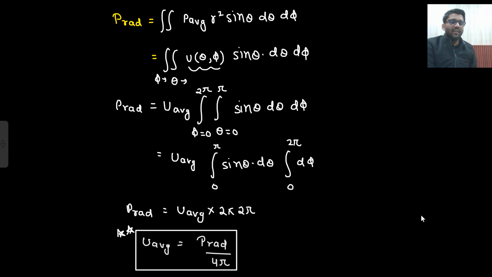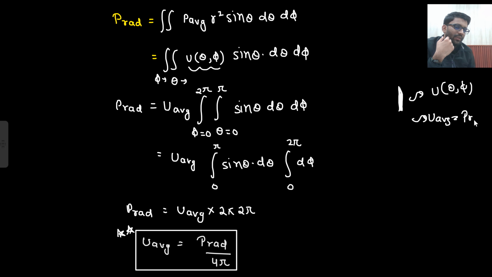Let's say there is a Hertzian dipole antenna, and I tell you the radiation intensity of the Hertzian dipole antenna is U theta comma phi. If I ask you what is the average radiation intensity of this Hertzian dipole, that will be U average, equal to P radiated upon 4 pi.